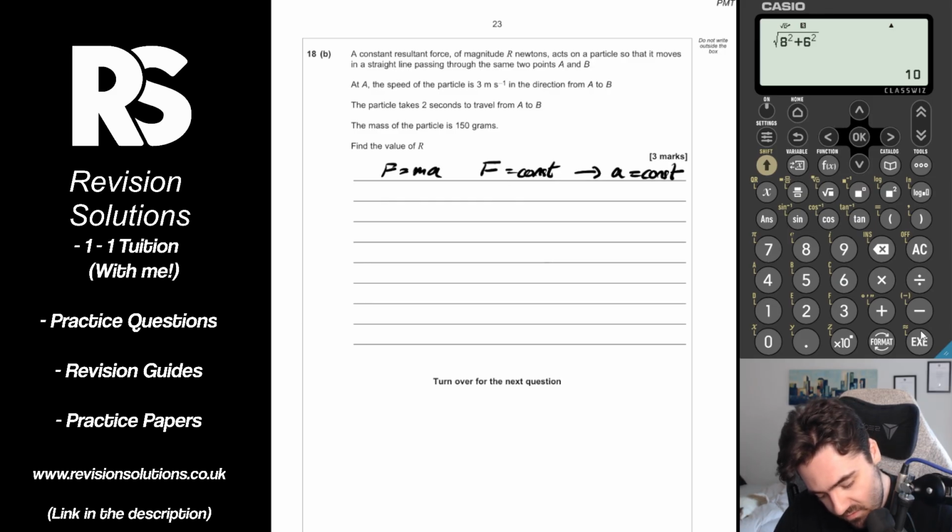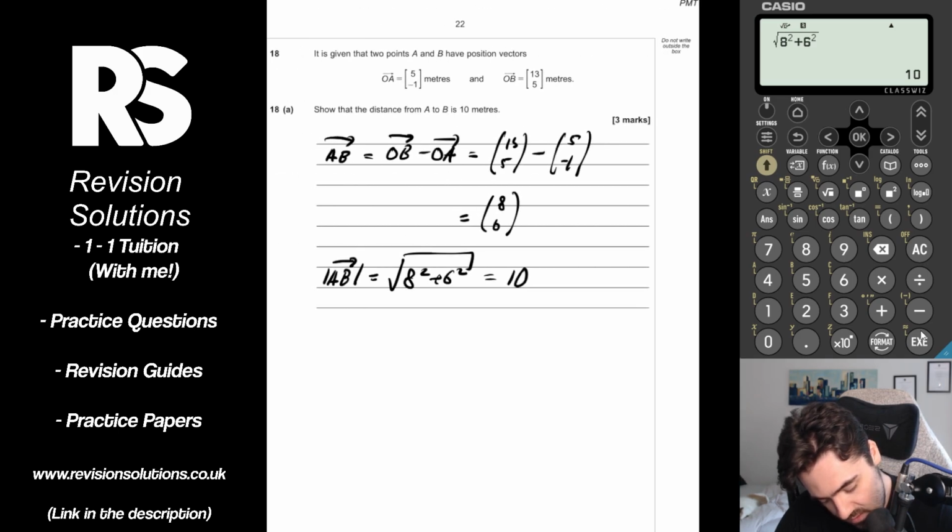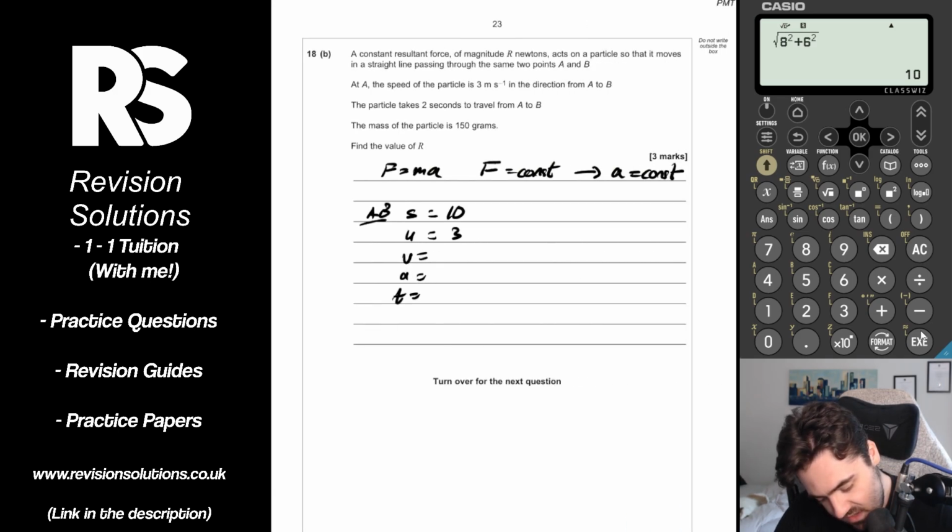So if we start thinking about SUVAT now for our journey from A to B for the rest of this, then at A, the speed of the particle is 3, so that's our initial speed. We actually know the distance from before, don't we? It was 10. So our displacement's 10 meters. V, sorry, no, we don't know v. We know the particle takes 2 seconds to get to the end, and it wants us to find r, so that resultant force. So we're going to need the acceleration.